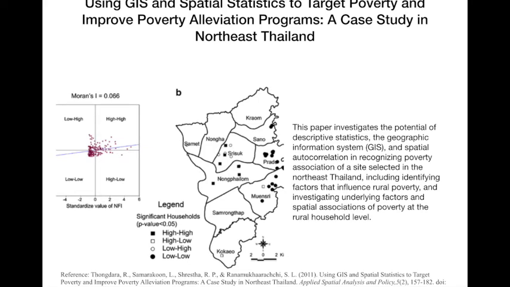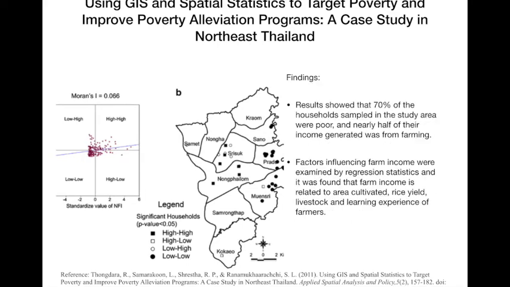They collected data by survey from local people, and their findings are they found some factors influencing farm income, such as the area cultivated, rice yield, livestock, and the learning experience of farmers.